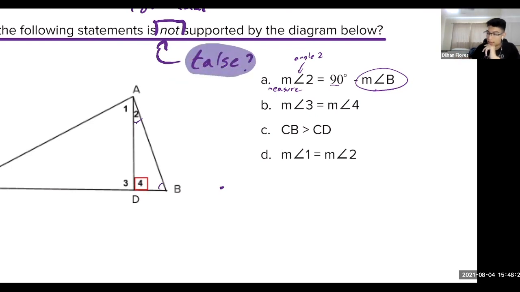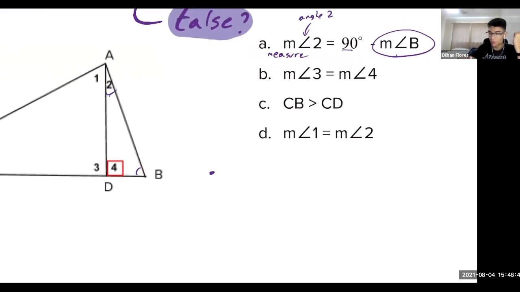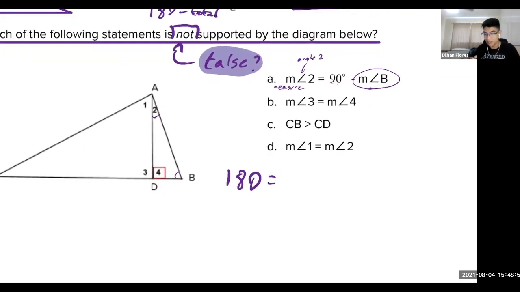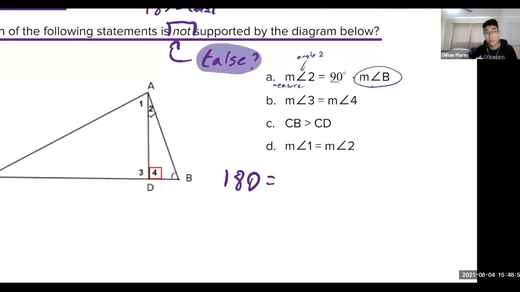Now, what is the total degree measure of a triangle? 180. Commit that to memory. All right, no need for an equation. Triangle, 180. So the total is 180. Oh, I always forget to change the thickness of my pencil when I zoom out and zoom in. Okay, so 180 is going to be equal to all the angles, right?